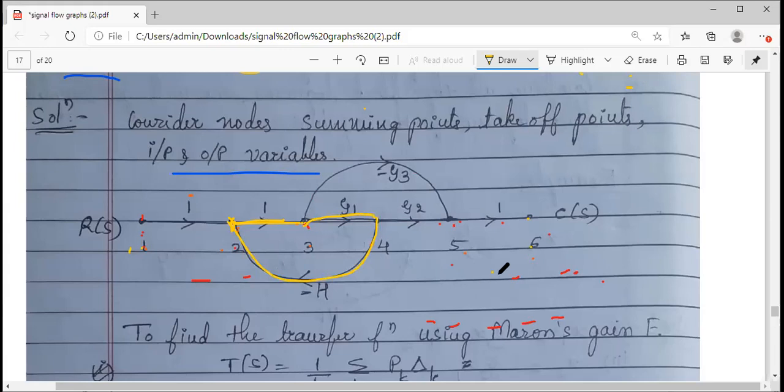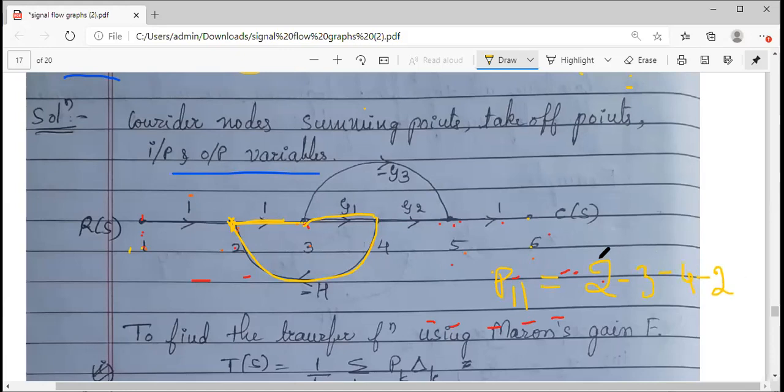So how are you writing the individual loop? Say P11. The first subscript indicates the single loop. It is starting from 2, take a hyphen, 3, take a hyphen, 4, take a hyphen, 2.